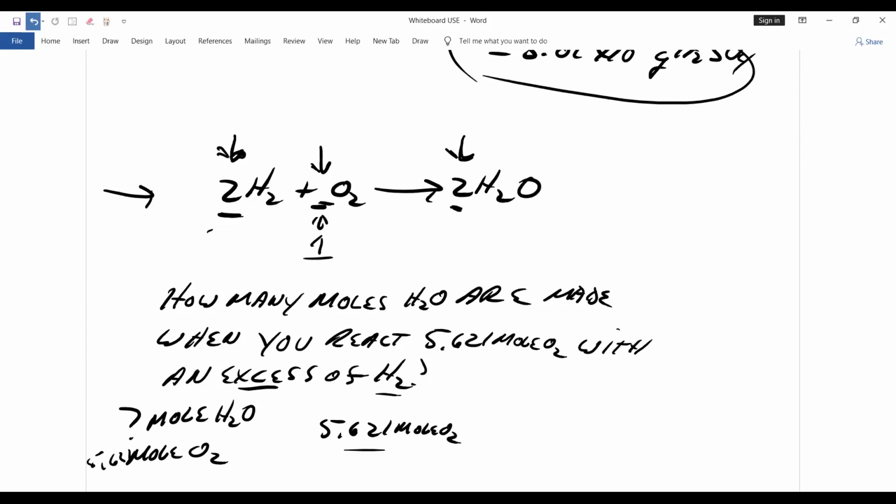This is all we have to start with. We also have this balanced chemical equation. This is what I'm starting with, moles of oxygen. I want to go to moles of water.